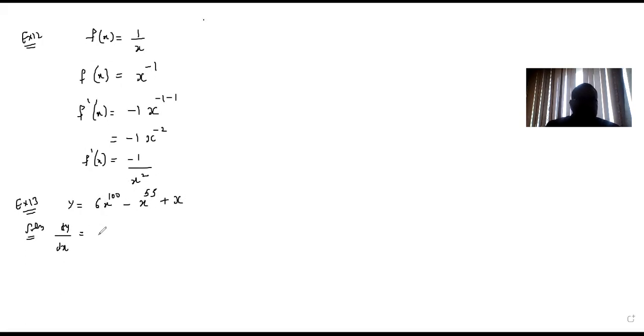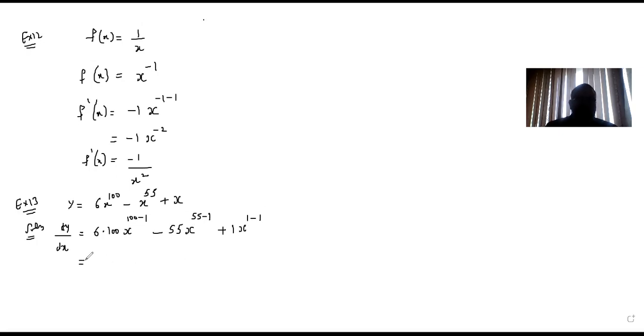So this is a constant 6, it will be at front, x raised to power 100. 100 comes at front, x as it is, 100 minus 1, because the power will be reduced by 1. Minus x raised to power 55, 55 comes at front, x 55 minus 1, plus x raised to power 1, so 1 comes at front, x 1 minus 1.